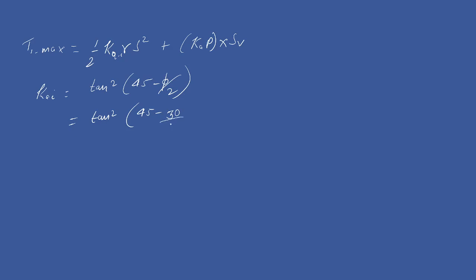So 45 minus phi by 2: tan square of 30 by 2 is 15, tan square 30. Tan 30 we know is 1 by root 3, so it's 1 by 3, which is 0.33.